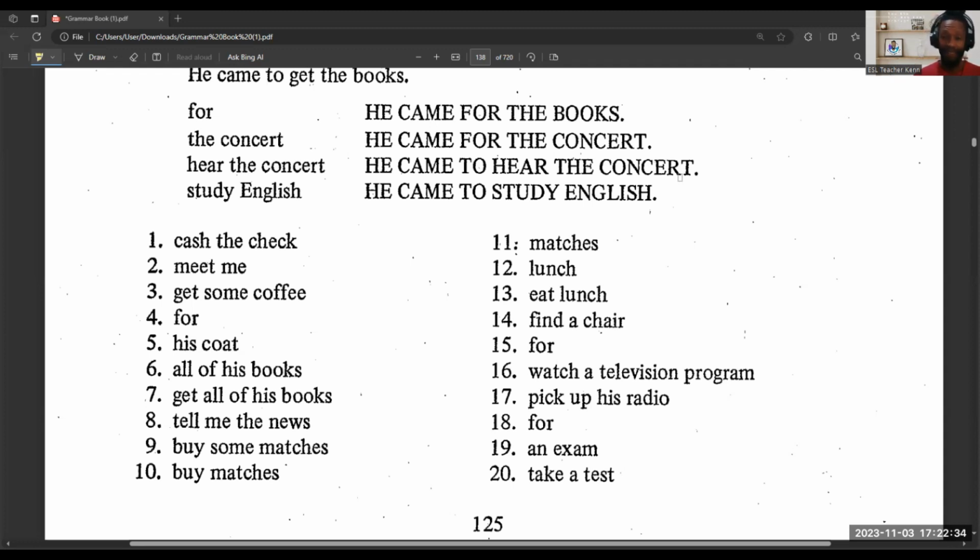Find a chair. He came to find a chair. For. He came for a chair.